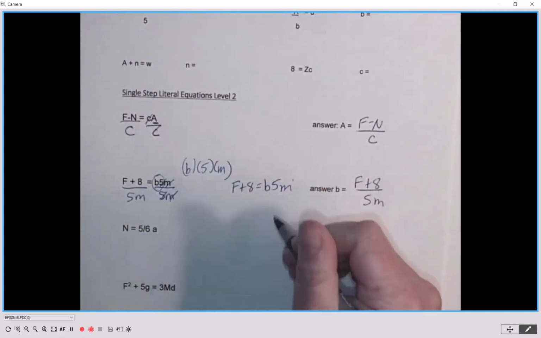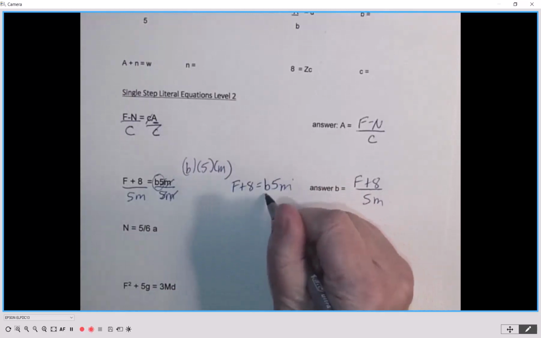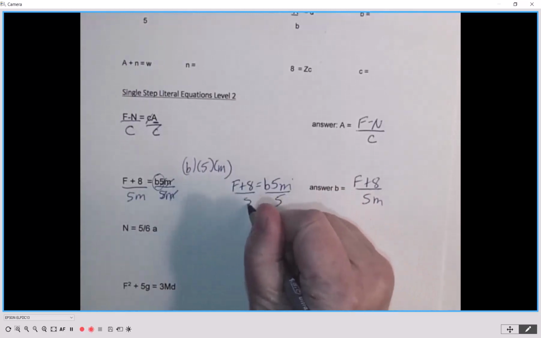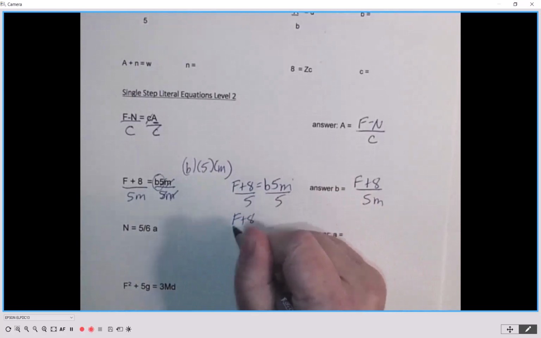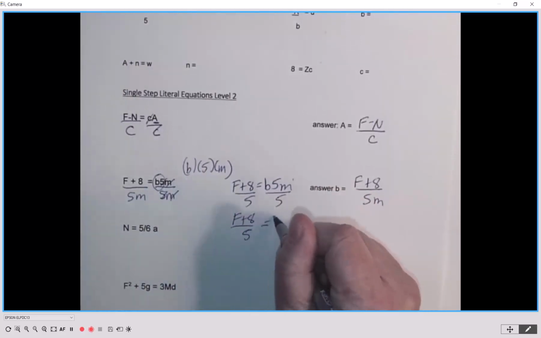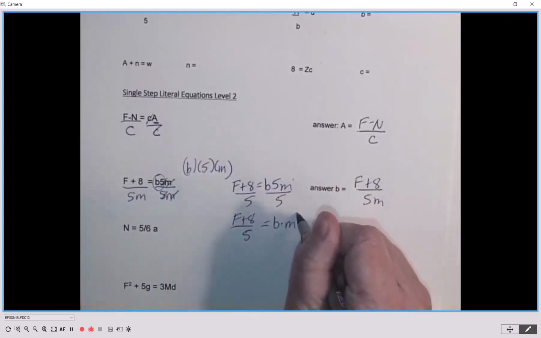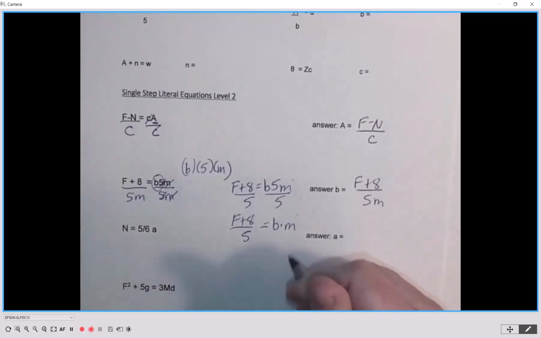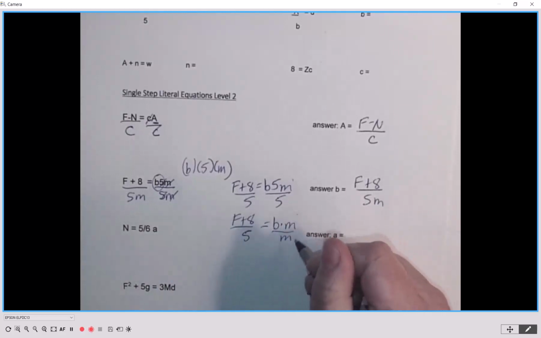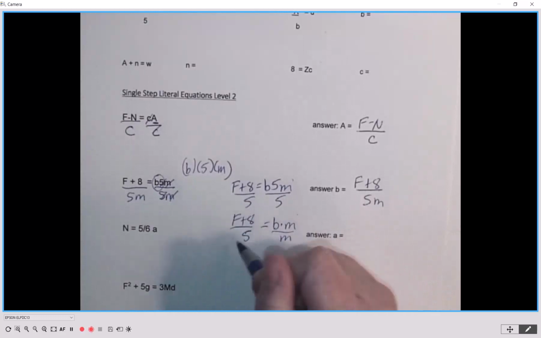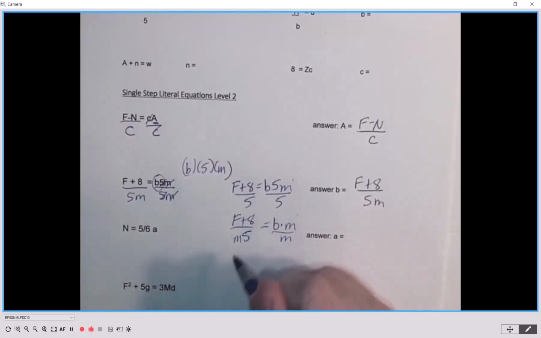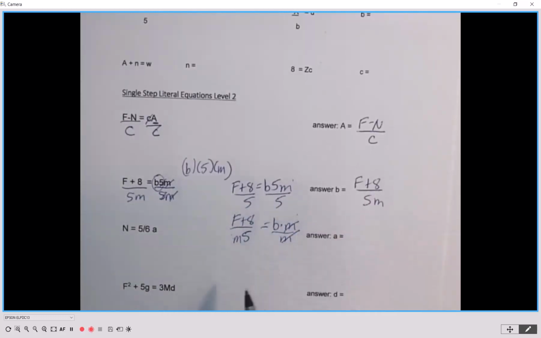So maybe I want to divide this side by 5. So it becomes f plus 8 divided by 5 is equal to b times m. And then I can see I need to divide by m, which I need to do to this side also. I'm going to put my m over here, so that cancels out.